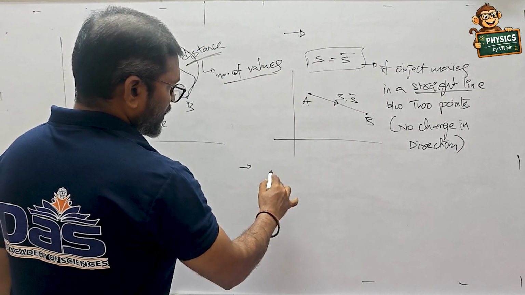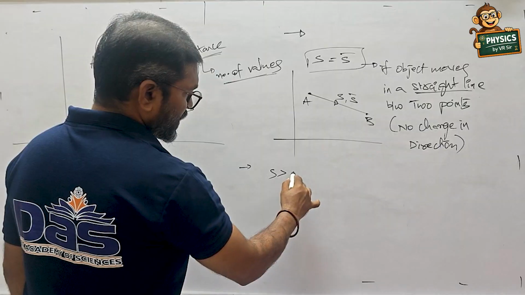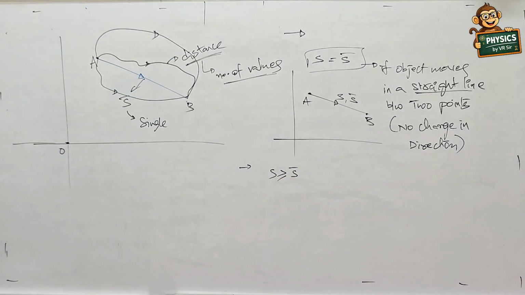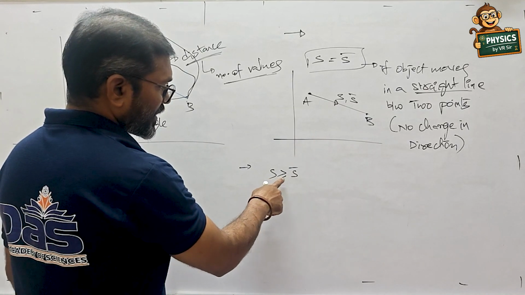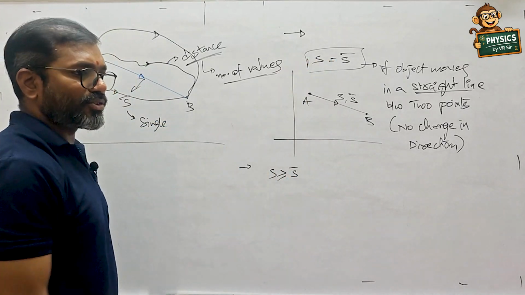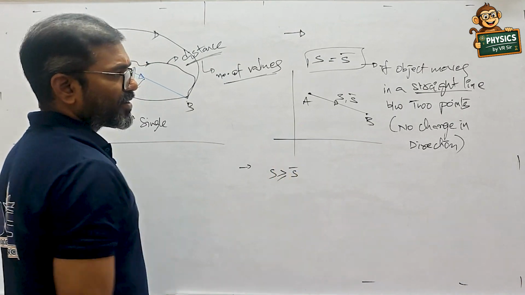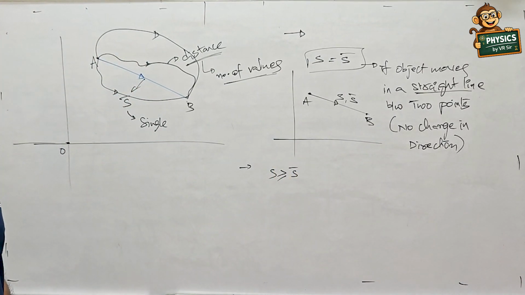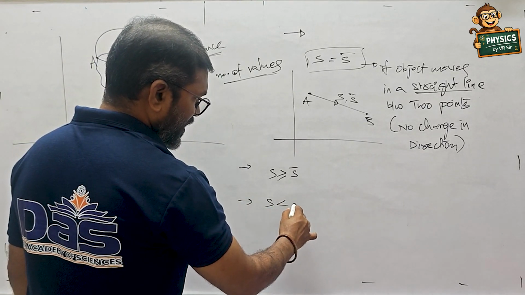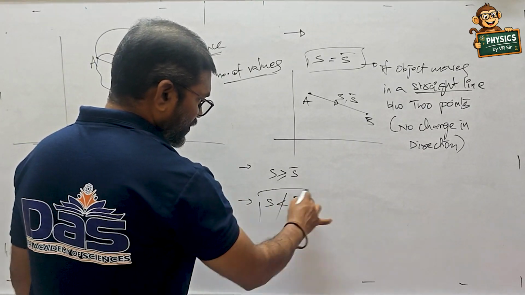Now one more point, distance is greater than or equivalent to displacement. So distance is either greater than or equal to displacement, and we have seen when it is equal to displacement, and in all remaining cases it is greater than displacement, and distance can never be less than displacement.